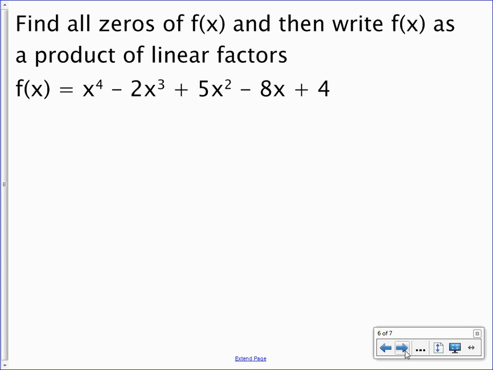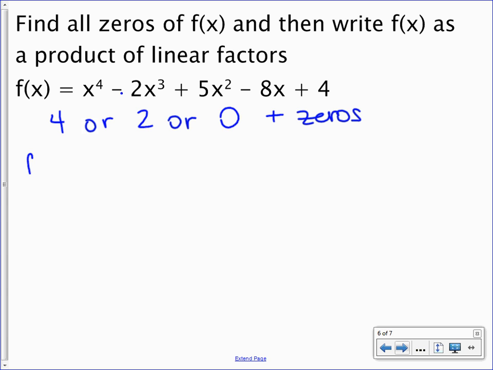We have how many sign changes? Positive to negative, negative to positive, positive to negative, negative to positive. So we could have 4, or 2, or 0, positive zeros.